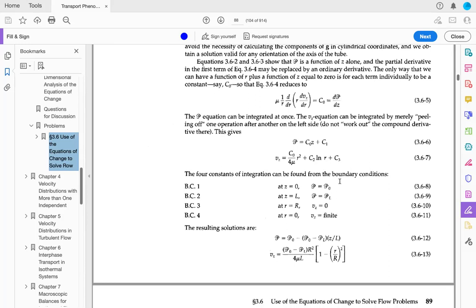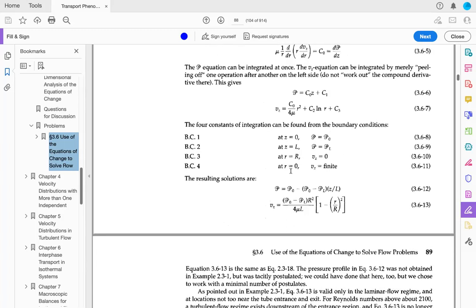If we substitute these into here, you will end up with the result similar to the shell momentum balance. I think that gives you some application of the equation of change. Next week we'll go through more examples of the equation of change.